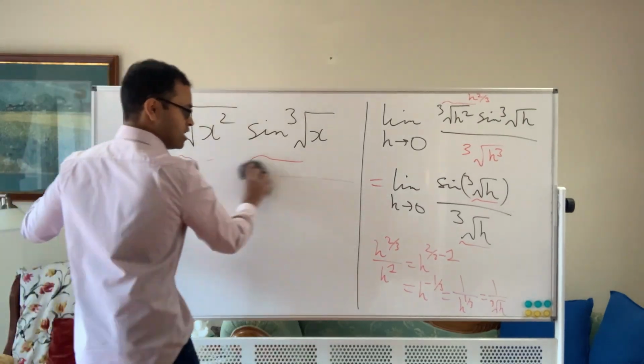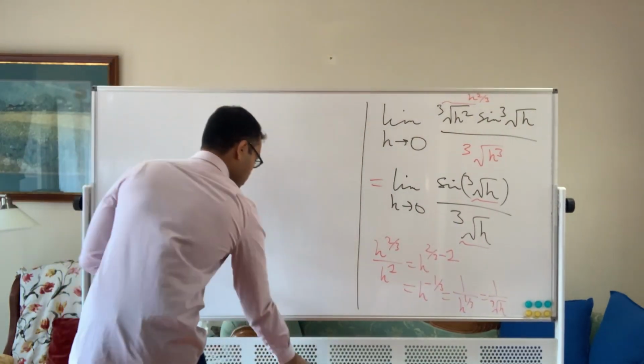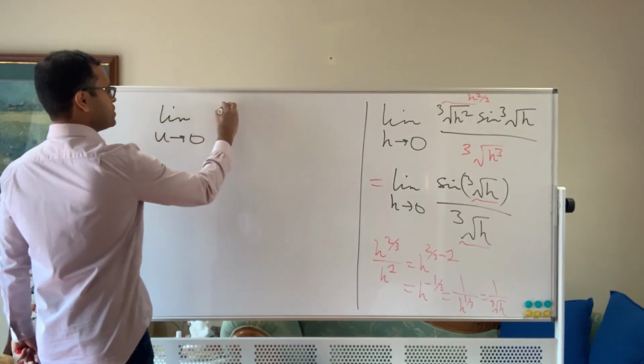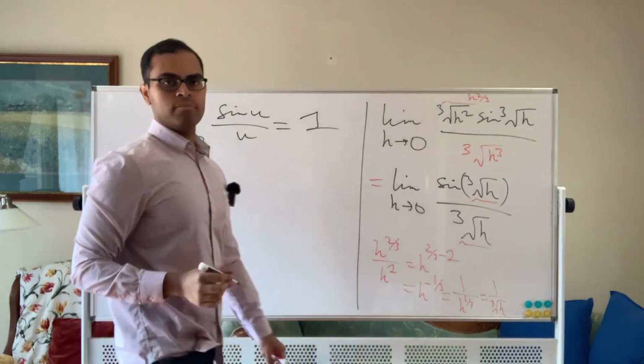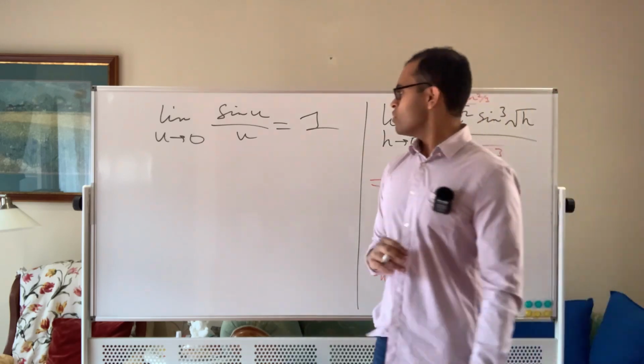And now I'm going to show you the limit that we're using. Limit u goes to 0 of sine u over u is equal to 1. This is a fundamental trigonometric limit that basically says sine u is basically like u as u approaches 0.